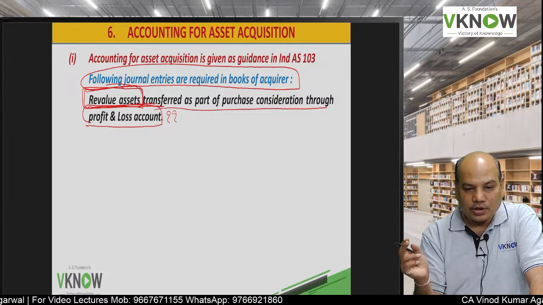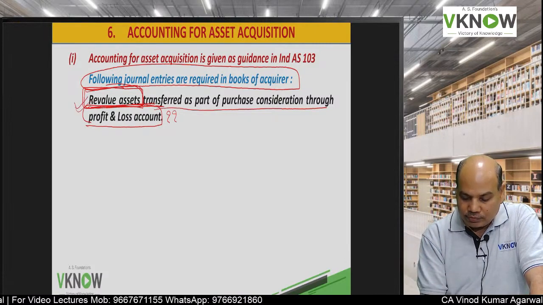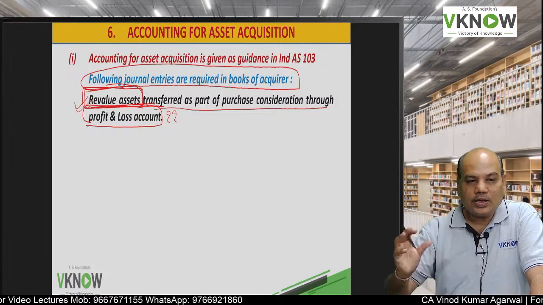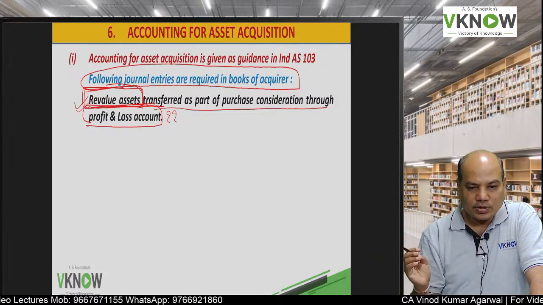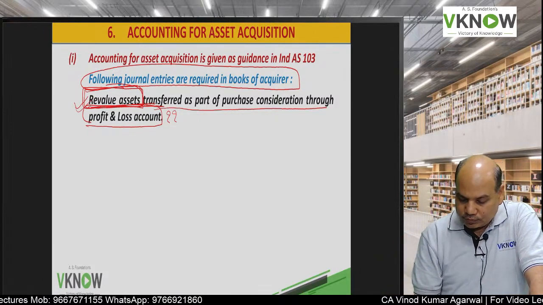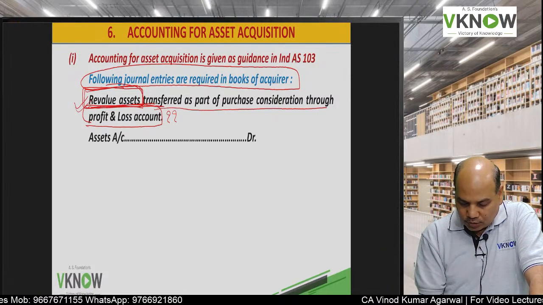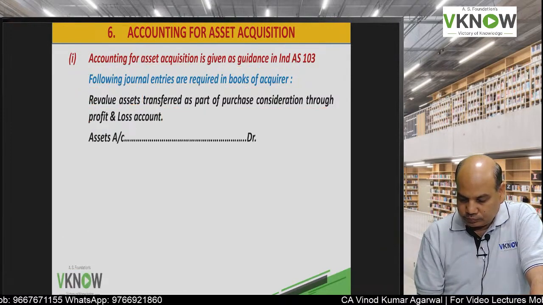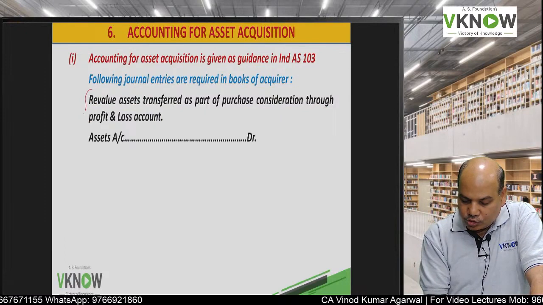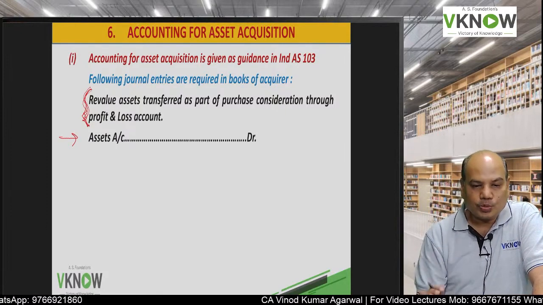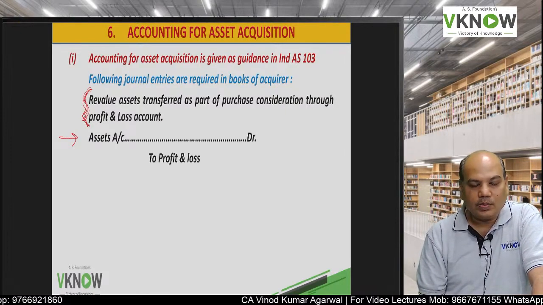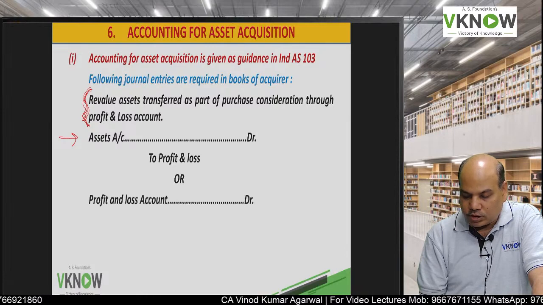Why not revaluation reserve? The answer is, you are selling that asset in a business combination, so those assets which you are going to sell to acquire a business, indirectly you have realized those profits, and therefore the entry will be asset account debit to profit and loss account.